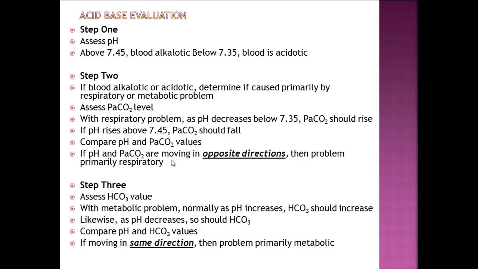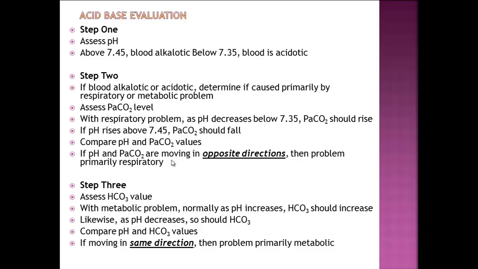Conversely, if the pH arrow would point up because the pH is rising, the PaCO2 would fall if it is a respiratory condition. So we take the pH value and the PaCO2 values and we look to see if those values are moving in opposite directions. And if indeed that is true, then the problem is primarily respiratory.